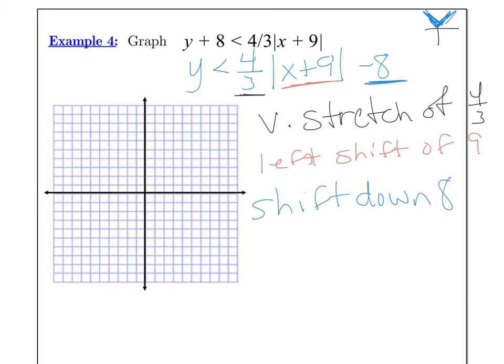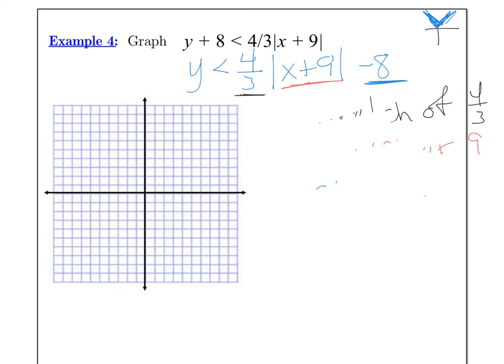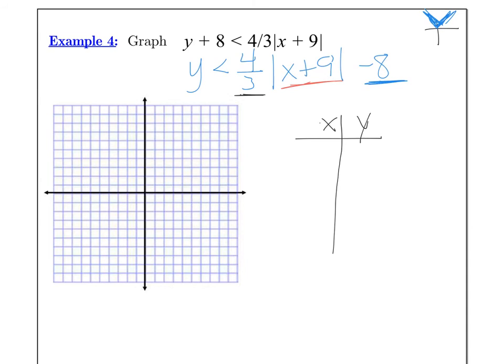Okay, but I did promise you that if I had a vertical stretch, I was going to plug in points, which I'm going to do. Now, since I have a shift left of 9, I'm not going to start my t-table at 0, 0. I am going to shift it over also 9 points.